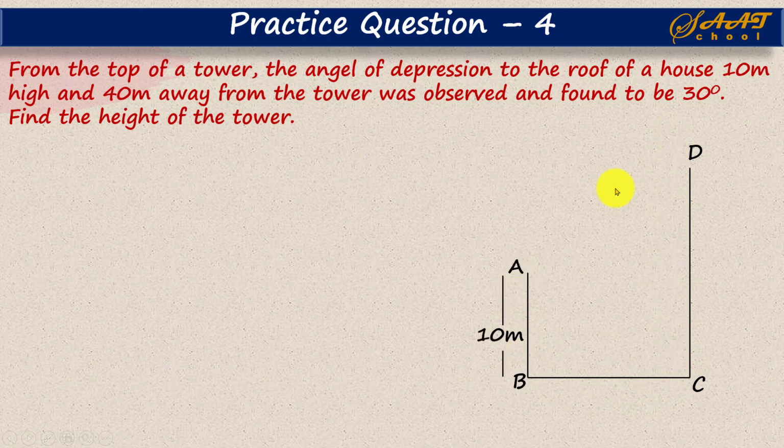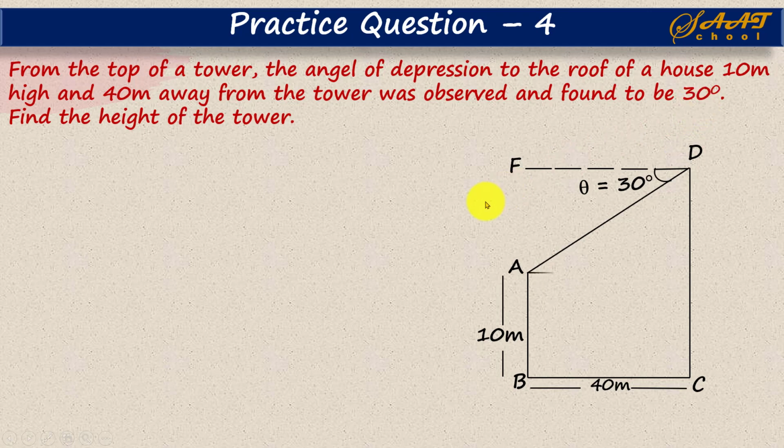Since AB is given 10 meter, this is the height of the house, and we have the distance between house and tower, which is 40 meter. In this case, we have the angle of depression, meaning from the top of the tower, the angle of depression is 30 degree. So the angle of depression is this angle, and this is the horizontal level that we discussed earlier, and this angle is 30 degree, which is given in the question.